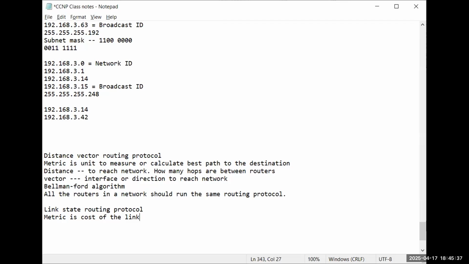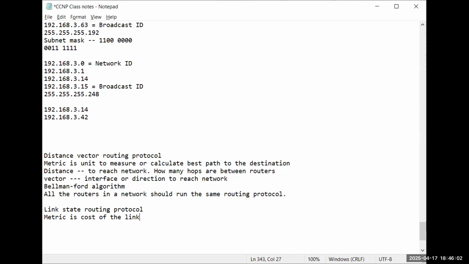So in the link state, it's going to exchange information about each link, the directly connected links of the routers, to every router in the network. So each router is going to share information about their links as well.